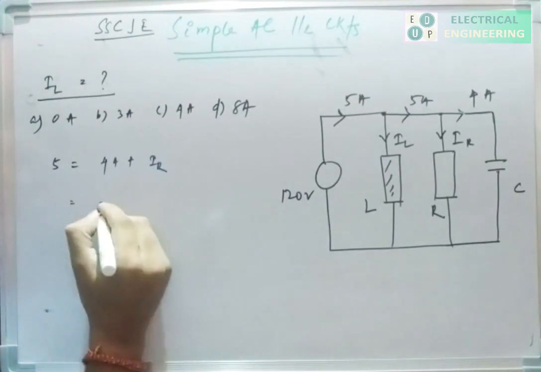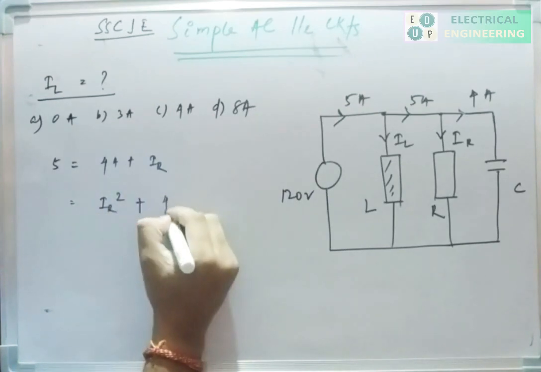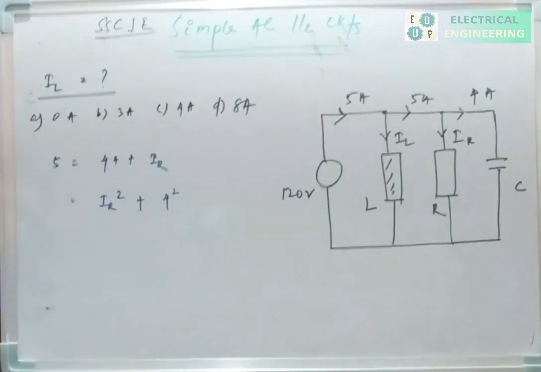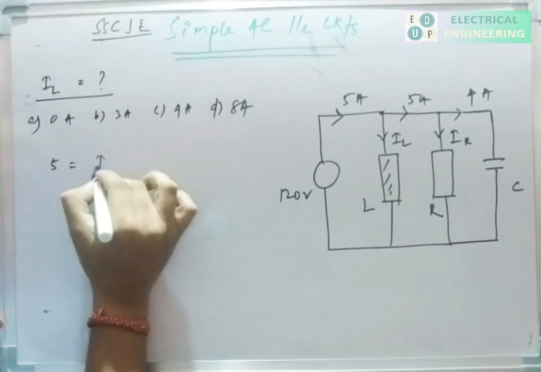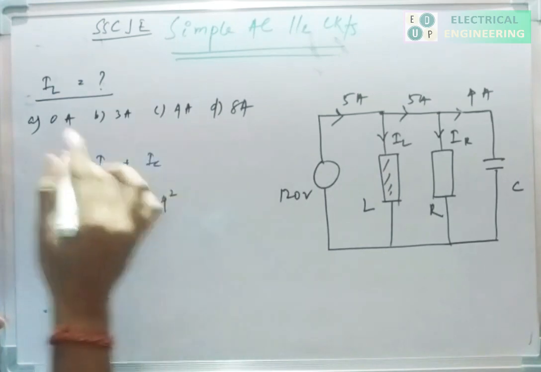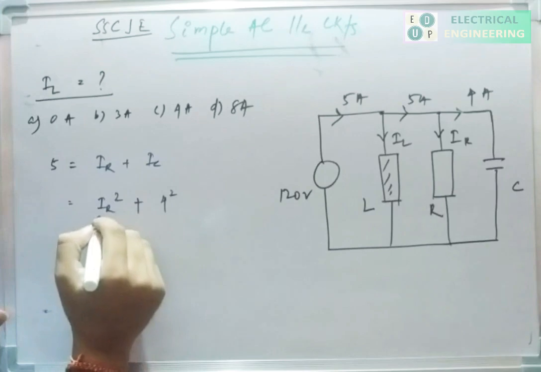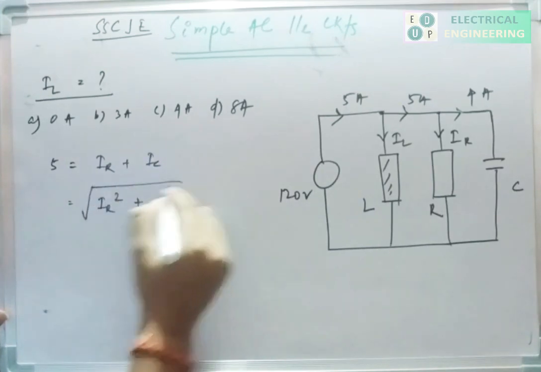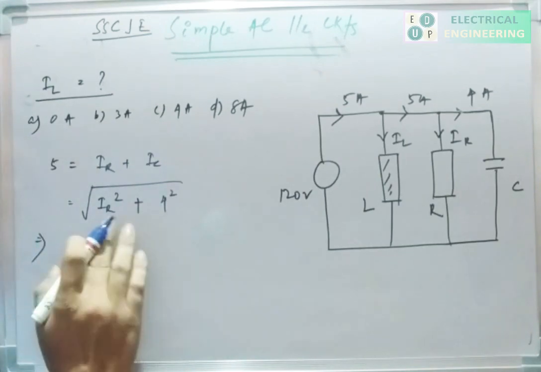So I can write it as IR plus IC, and these we have to add vectorially. So the square root of IR square plus 4 square is 5. By solving this equation you can get the value of IR.